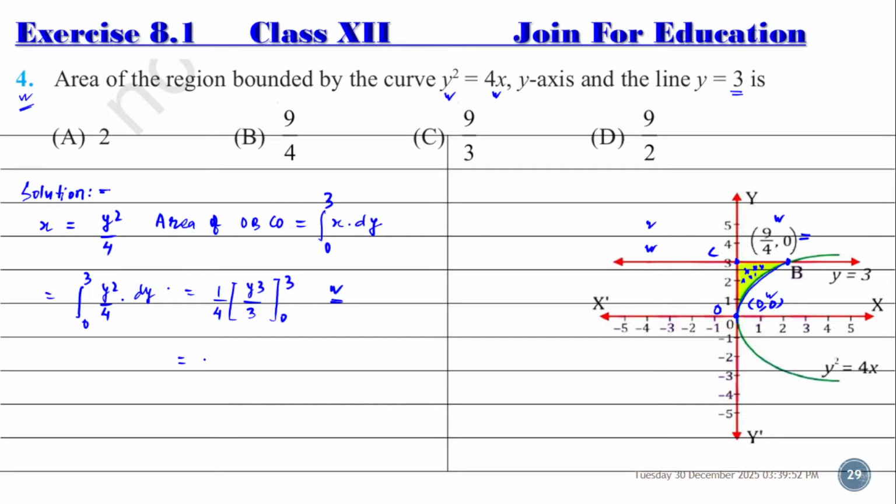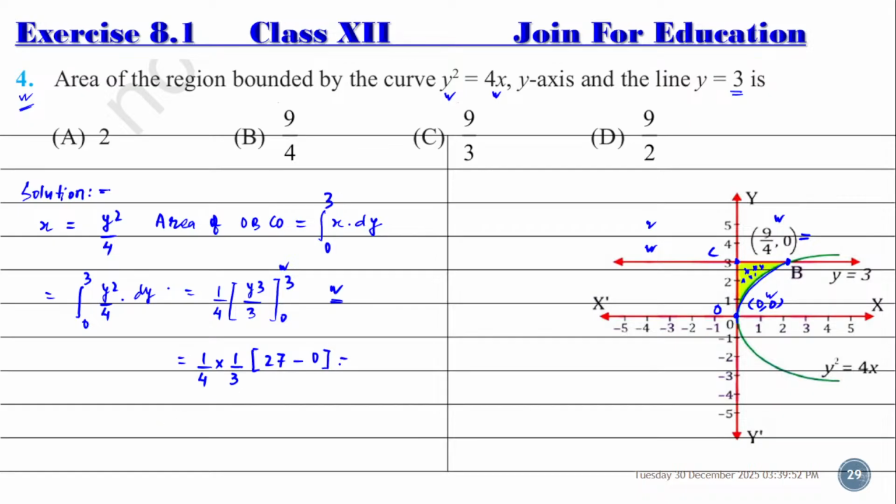Therefore, when we put the value of the lower limit and higher limit, we write down here 1 by 3. When we put y equals 3, we get 27, minus when we put y equals 0, we get 0.